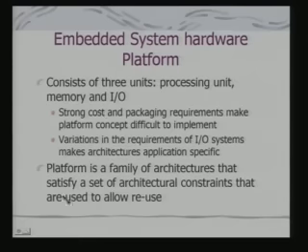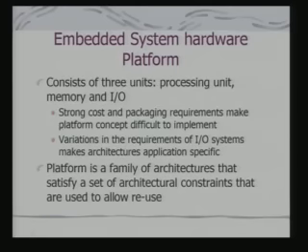In fact, a platform is a family of architectures that satisfy a set of architectural constraints that are used to allow reuse. So, you won't like to have a very general purpose platform. You cannot have that, because these two factors make it not possible for us to design platforms which are absolutely general purpose. So, in many cases they will be application specific.